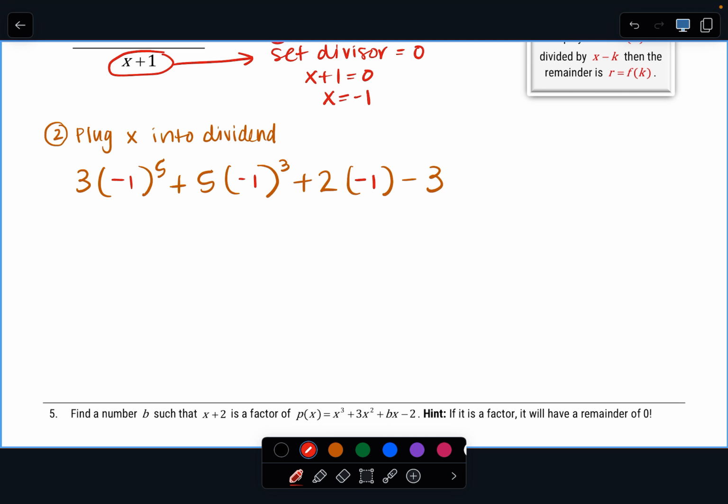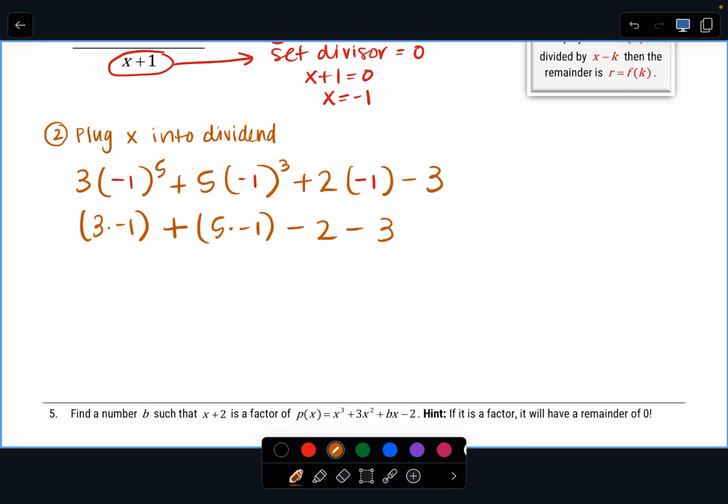If I take negative 1 and raise it to the power of 5, am I going to get positive 1 or negative 1? It's an odd exponent, a negative. So I'm going to have 3 times negative 1 plus, I got another odd exponent. What is it going to be, positive or negative? Negative. 5 times negative 1. And then I have minus 2, minus 3.